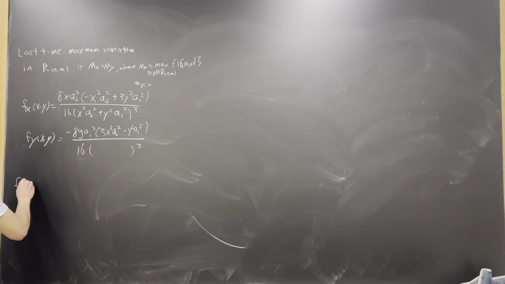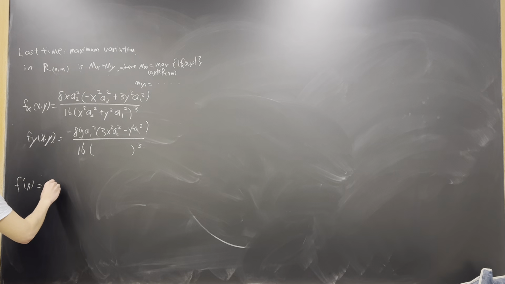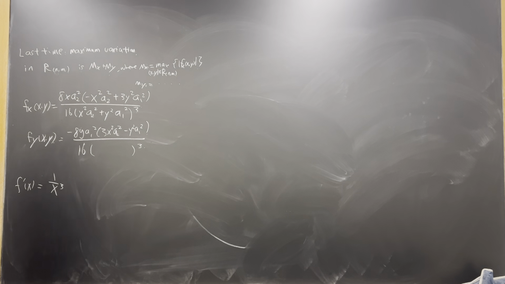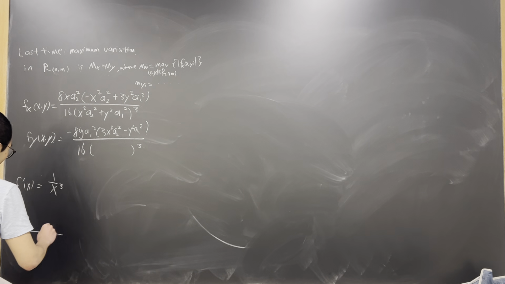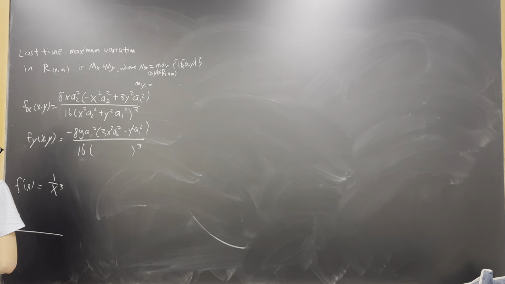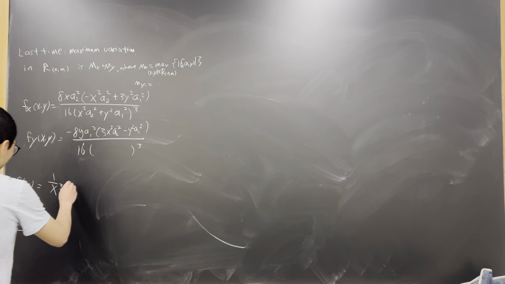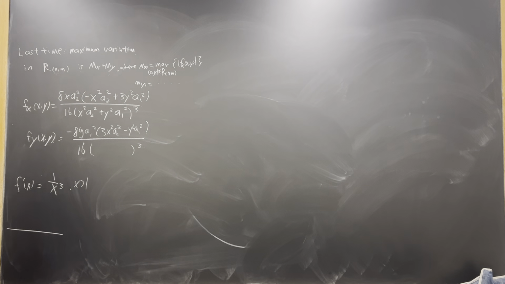Let's look at an example where you have a function whose derivative is, roughly speaking, 1 over x cubed. So in this case, let's say x bigger than 1, the derivative is always decreasing, right?